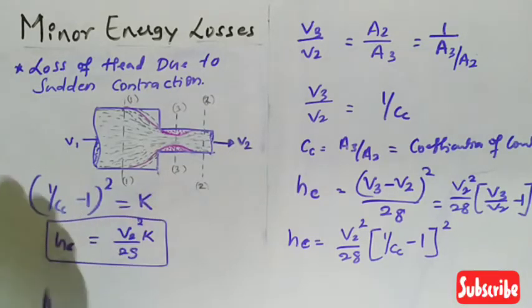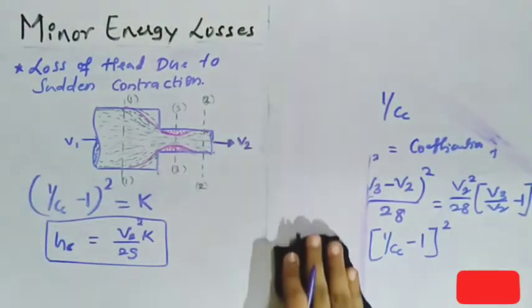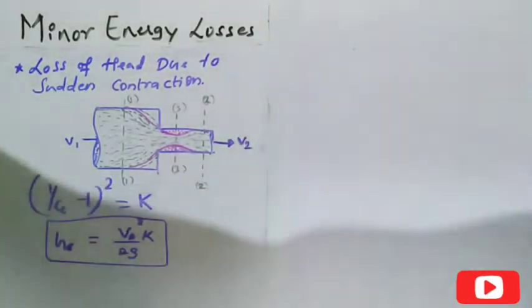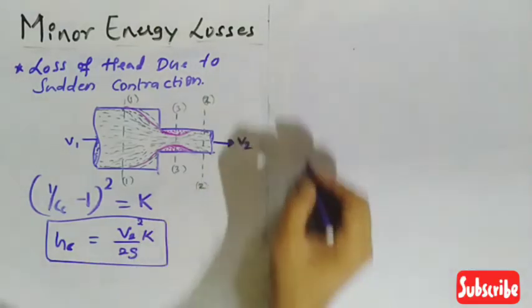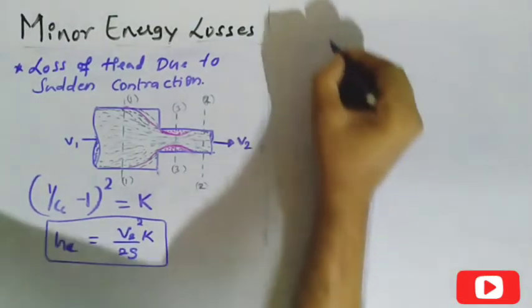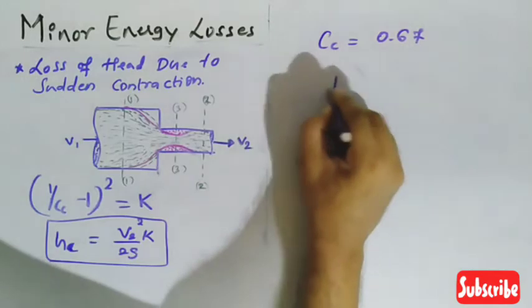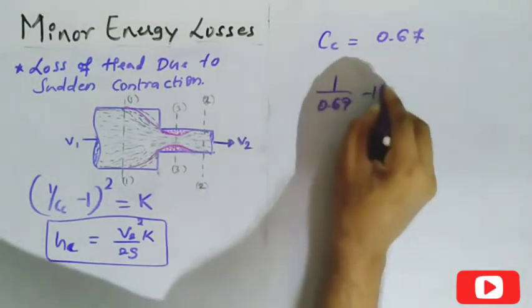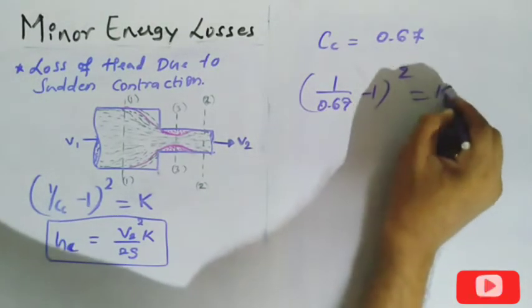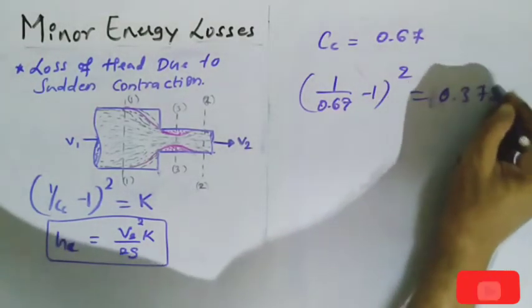Now if the value of Cc is assumed to be 0.67, then (1 by 0.67 minus 1) whole square will be equal to 0.375.